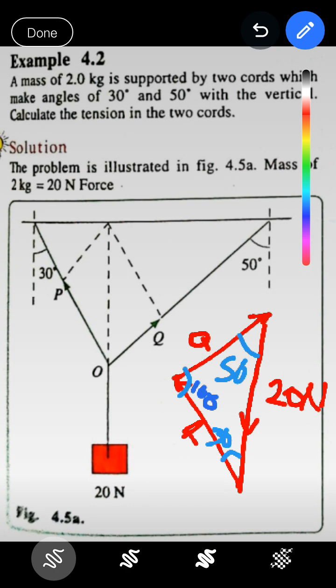So let us redraw the diagram and then do the calculation.